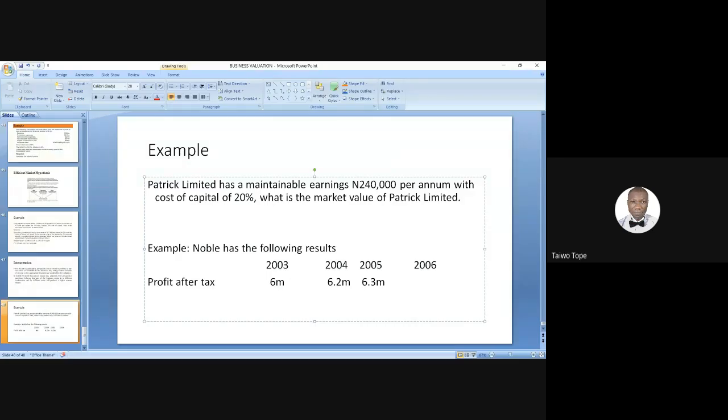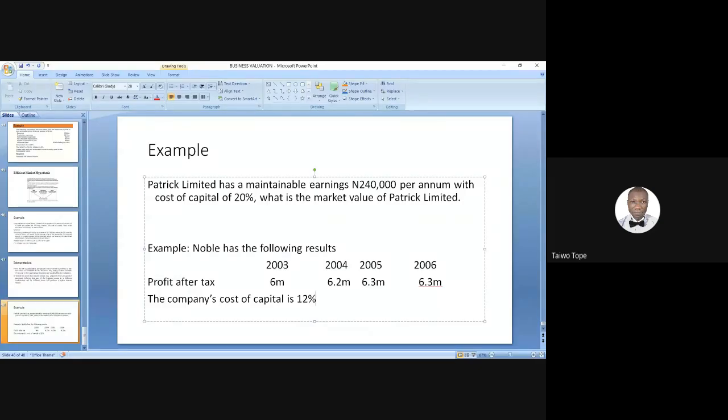And for 2006, let's say 6.3 million likewise. The company's cost of capital is 12%.